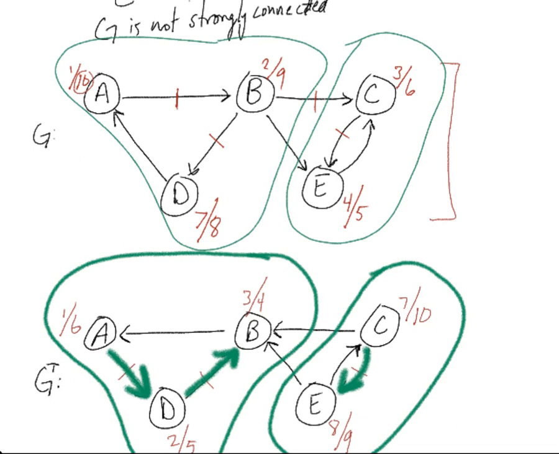Consider node D, it can reach B crossing those 2 edges. And similarly A and B can reach any other vertex in that strongly connected component. And similarly in the other component, C can reach E and E can reach C. So we have 2 strongly connected components here.